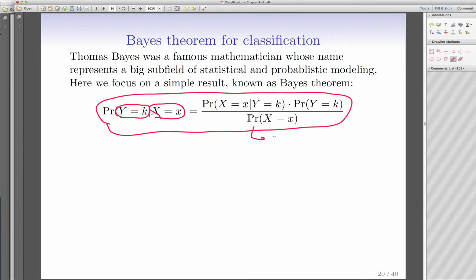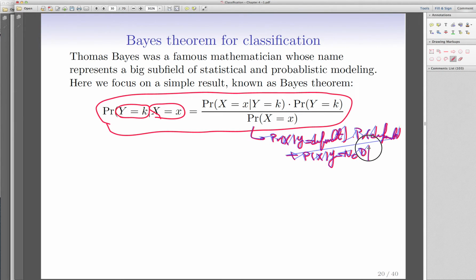So for this case, it is the probability of x given y is default, times probability of default, plus probability of x given y is no default, times probability of no default.